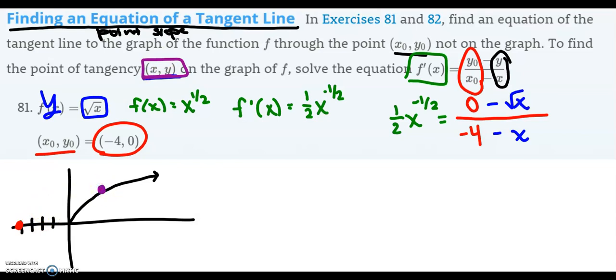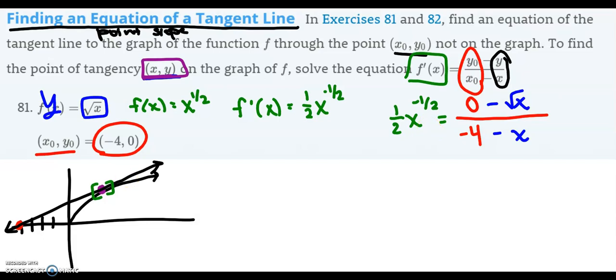It's maybe going to be about there, such that this line is tangent. So what I know is that if I zoom in close enough here, my derivative in green is going to equal the slope of that tangent line.